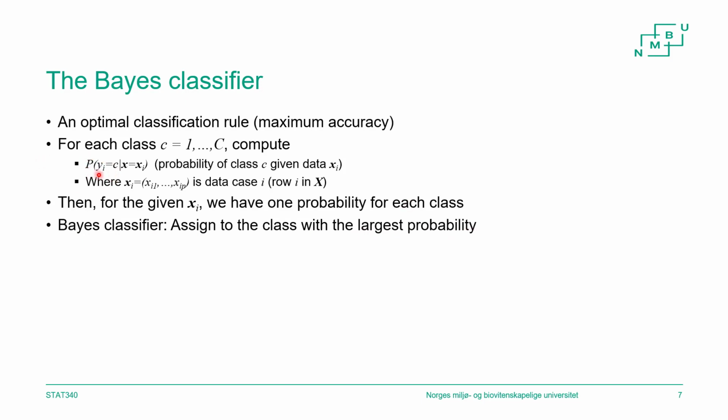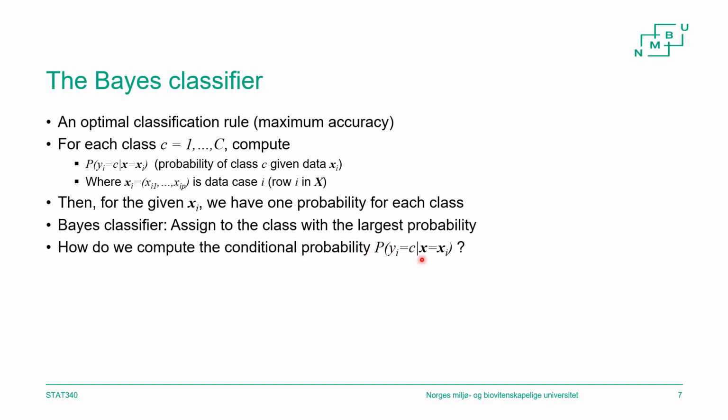So if you can compute these probabilities here, then you have what you need to classify. You simply classify to the class having the largest probability. And that makes sense, right? Why should we not do that, right? The problem lies in computing this one. But as soon as you have some estimate of this one, here is the Bayes rule.